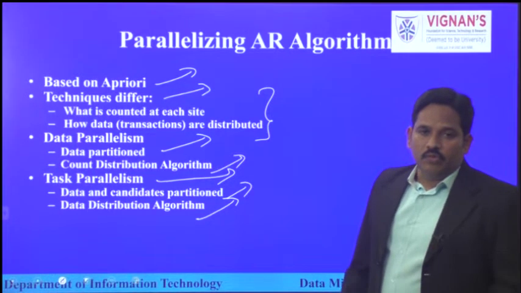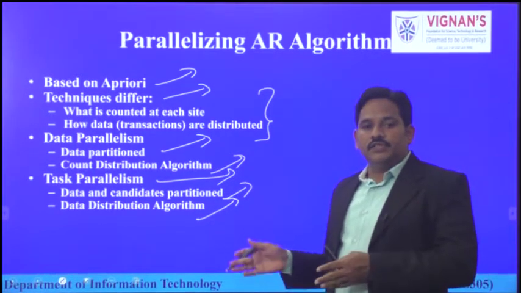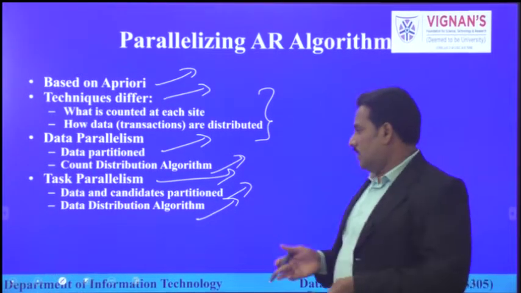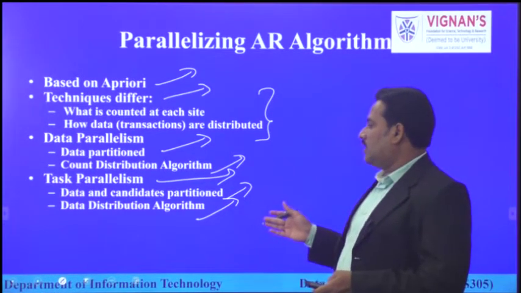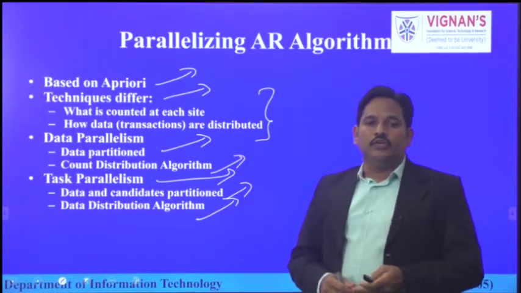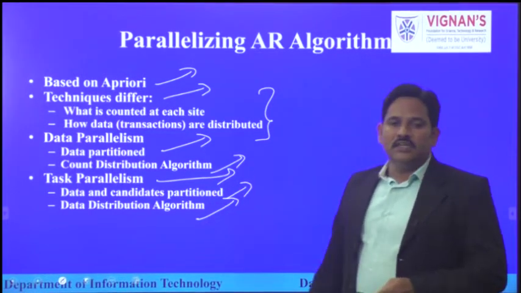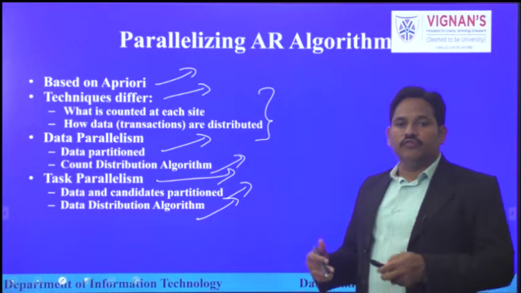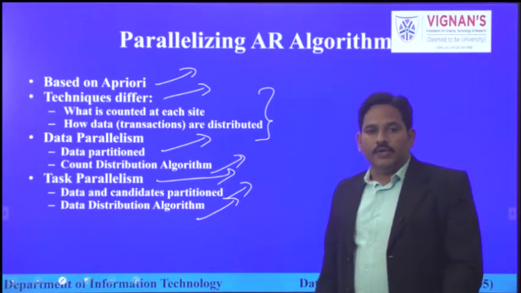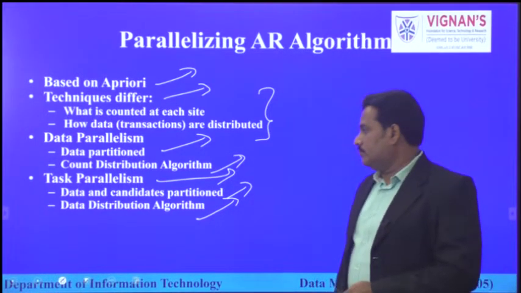That means we can apply operations either horizontally or vertically. If you are applying horizontally, we call it the count distribution algorithm. If you are applying vertically, we call it the data distribution algorithm. These are the two flavors of the Apriori algorithm in parallelism.